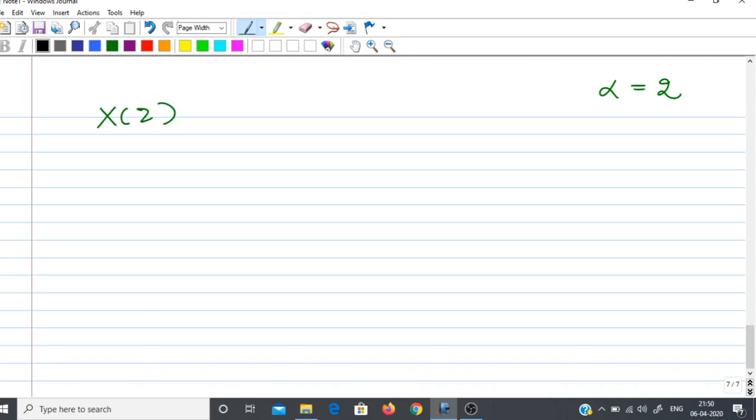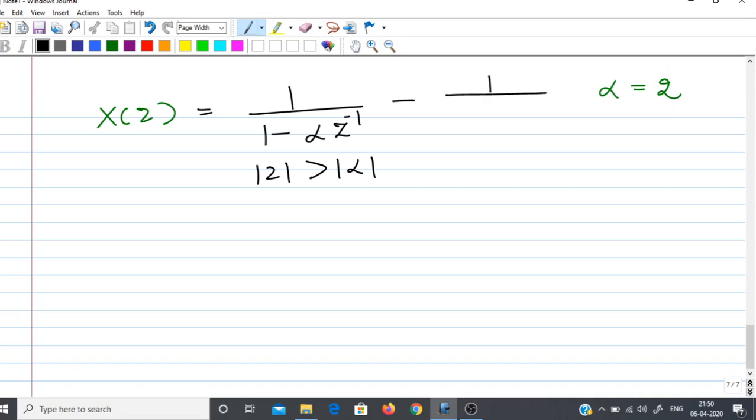In general, it is 1 upon 1 minus alpha z inverse with mod z greater than mod alpha, minus 1 upon 1 minus alpha inverse z inverse with mod z strictly less than 1 upon mod alpha.